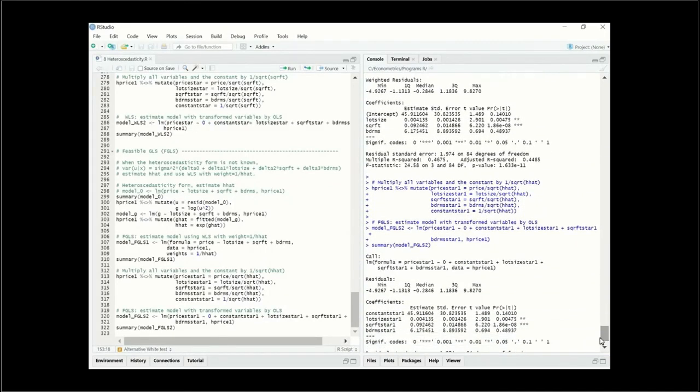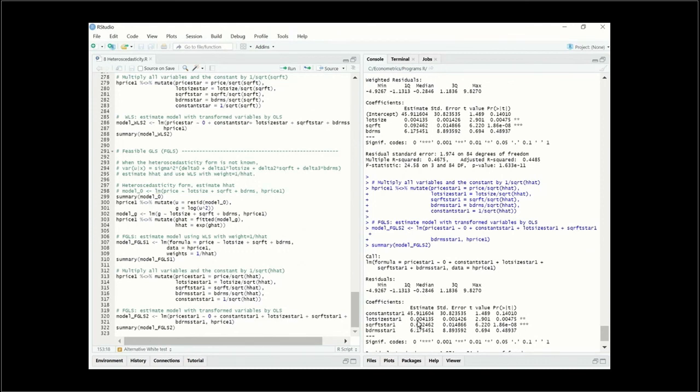Now notice that we get exactly the same coefficients, whether we use this approach of weights of 1 divided by h hat, or this approach where we rescale all the variables by multiplying them times 1 divided by the square root of h hat. So these coefficients are the same to each other.